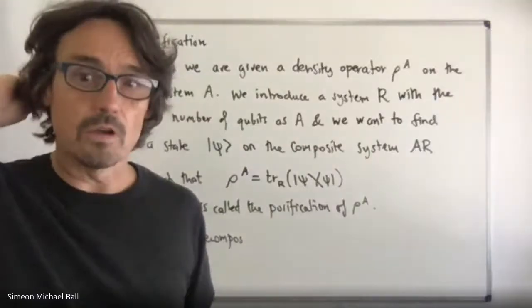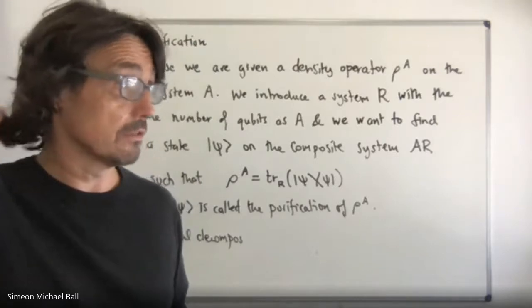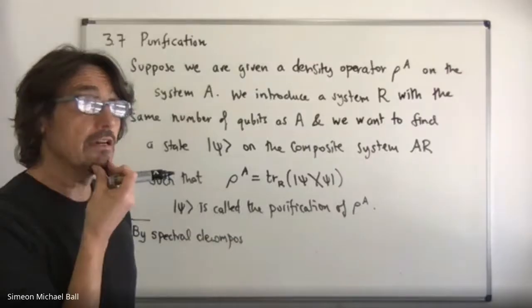Why are we saying that R has the same number of qubits? Is there a reason why it has to be like this, or we just want it to have the same number? Because for our construction to work. So you can only find it if it has at least the same number of qubits?